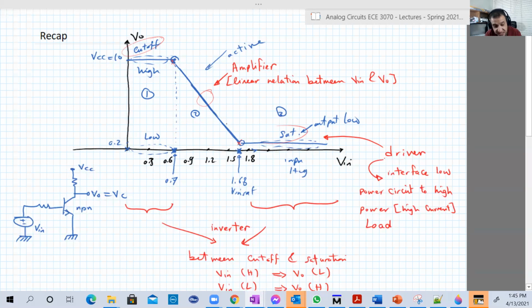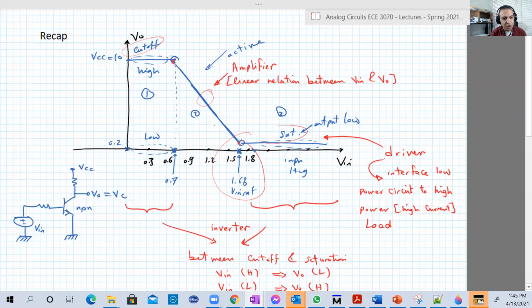This transfer characteristic gives us a glimpse about how we can use the transistor in different ways, but it is actually not so practical, because here we assumed that whenever VBE is 0.7, the transistor will instantly become on, and at some point the input will transfer the transistor to the saturation region.